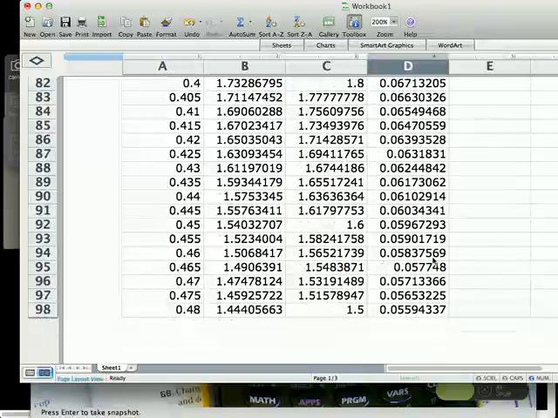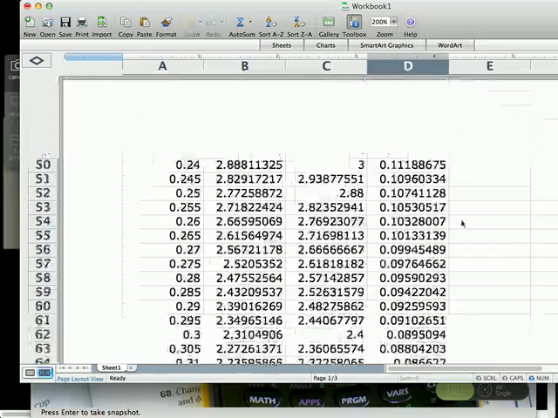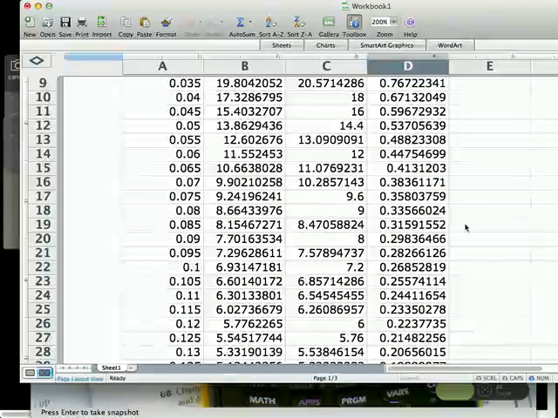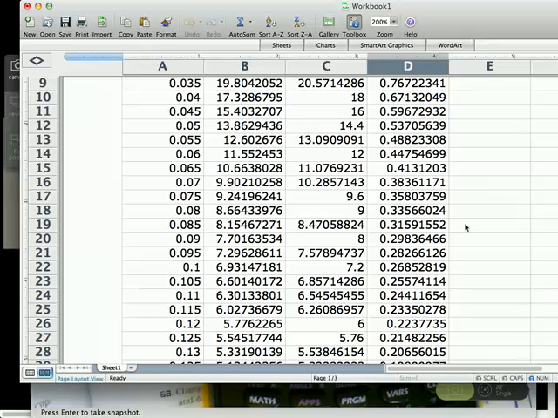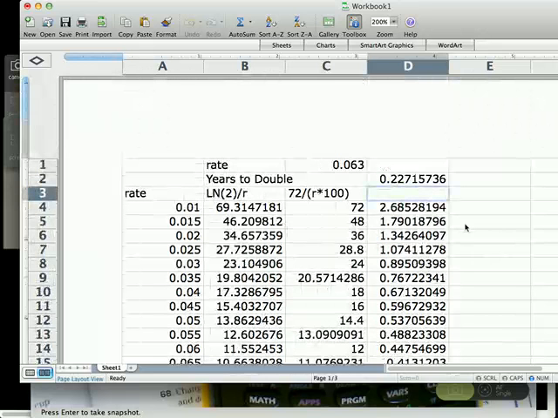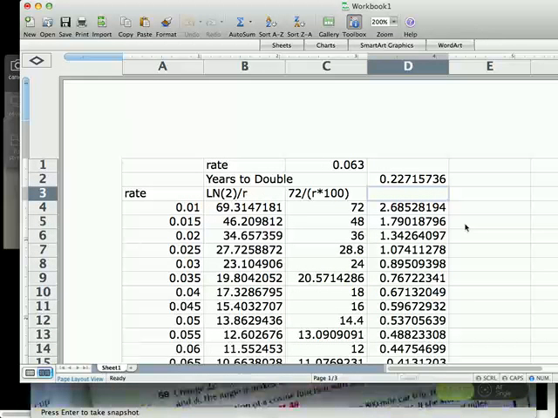If for some reason you didn't know ln of 2 and you were trying to make a quick decision on an investment, whether or not the rate was any good, you could just do 72 divided by that rate and then at least have a general idea of how close this is. So it's kind of an interesting little relationship there. What actually is ln of 2?